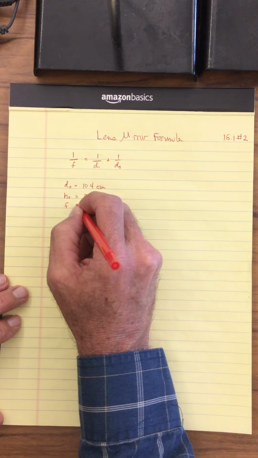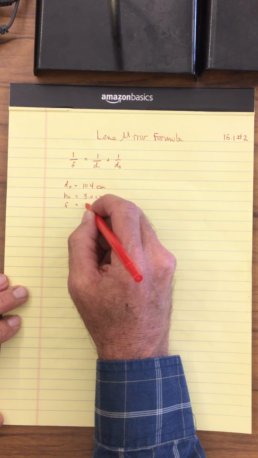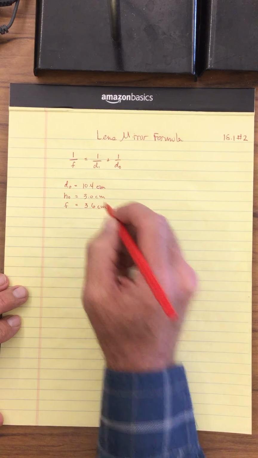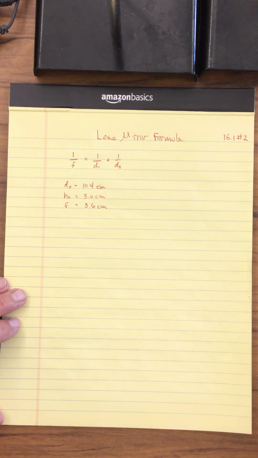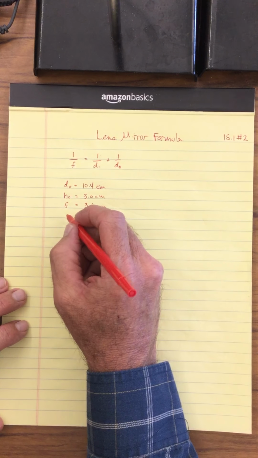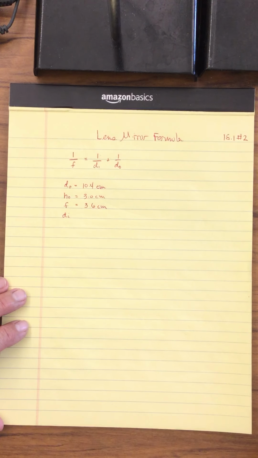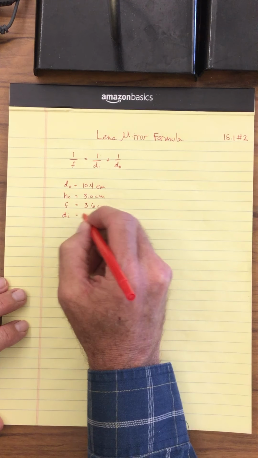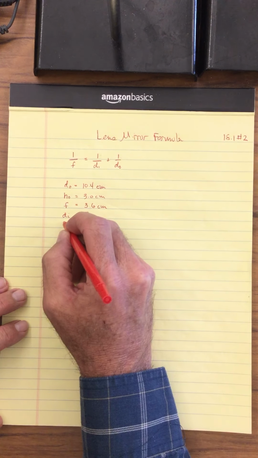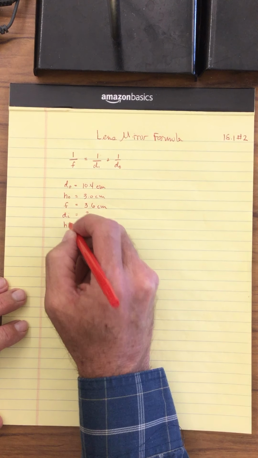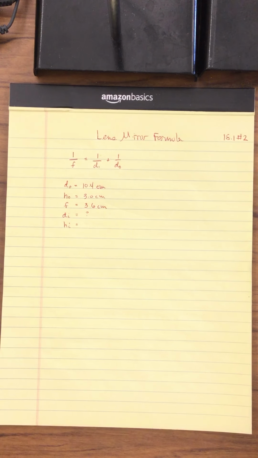The focal length is going to be equal to 3.6 centimeters. Question is, what is the distance of the image? Meaning, where is the image going to appear? And also, how tall will that image be?